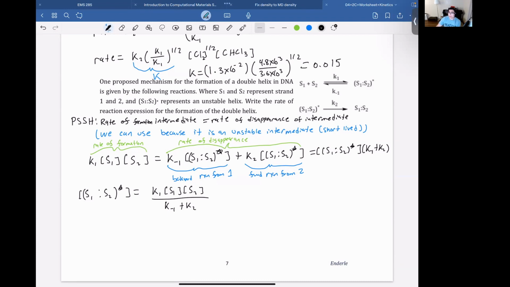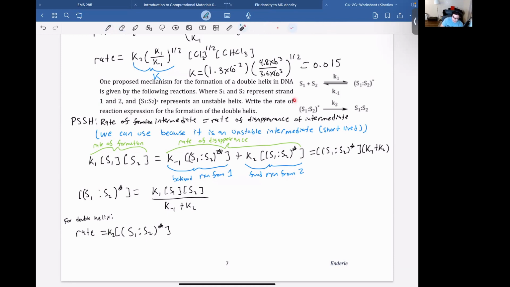And then we just write the rate, right? So the rate for the formation of the double helix is equal to the concentration of this unstable intermediate times the second rate constant.